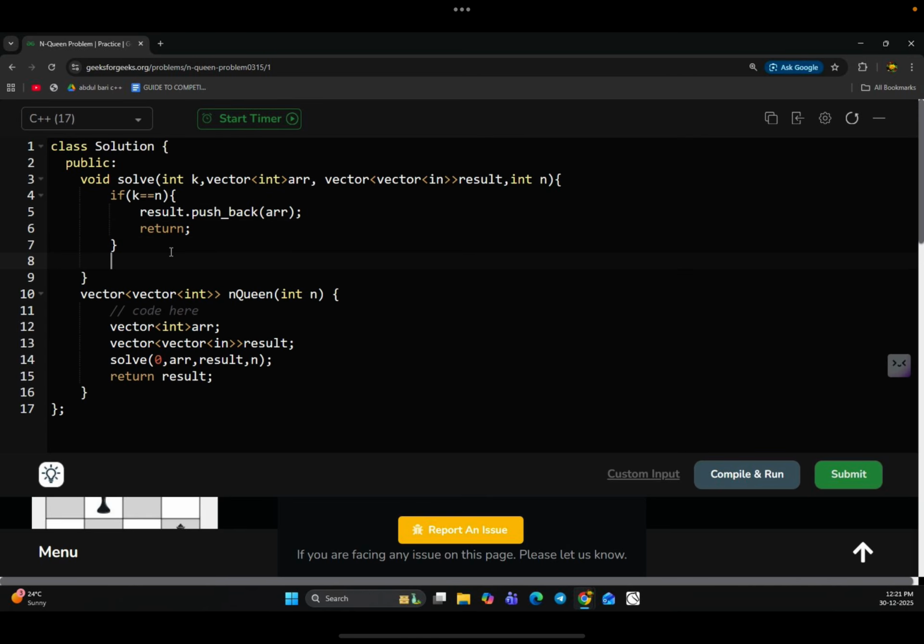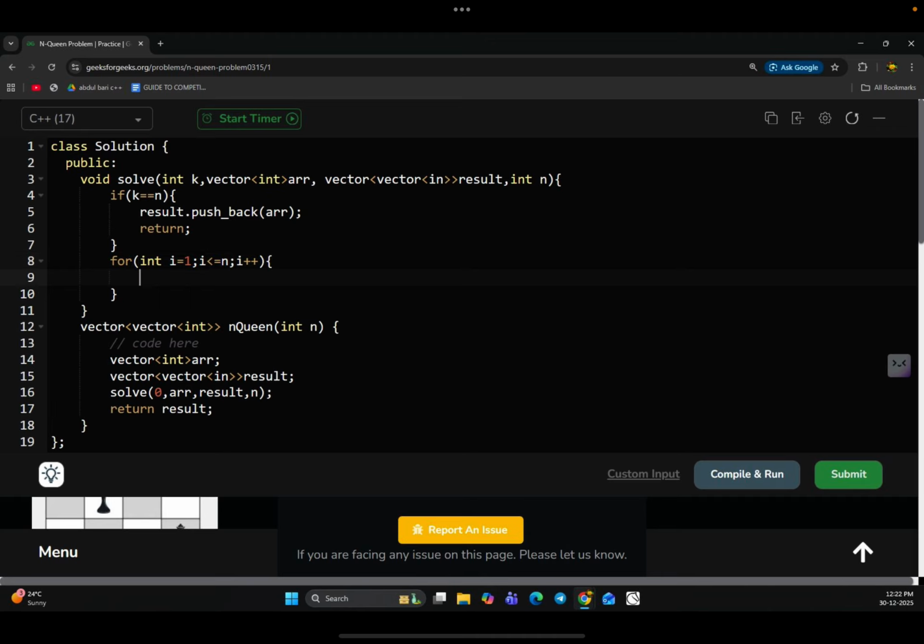If it is not there, we have to try all the possibilities. For i equals 0, like column, if we are starting from 1, so let's say 1, i less than or equal to n, and i plus plus. So if is possible, it will take your row number, which will be k, column number will be i, and the array we have to pass.